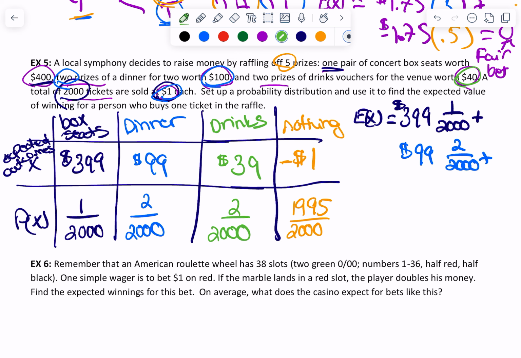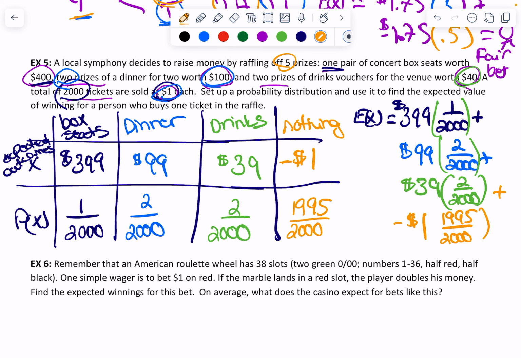Next one is the drinks, so $39 times 2 out of 2,000. These should all be inside parentheses, or there should be a multiplication in between. Okay, next one is going to be the negative $1 and 1995 over 2,000.